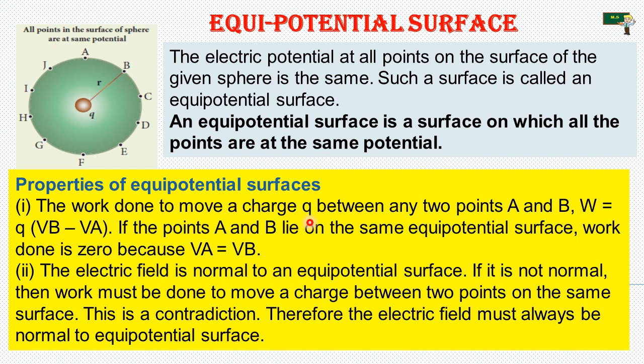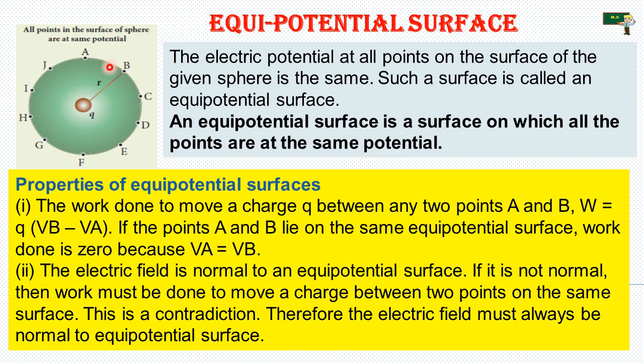Here the work is done to move the charge Q between the points A and B. So the work W is equal to Q into (VB minus VA). If the points A and B lie on the same equipotential surface, then the work done is 0 because VA equals VB.